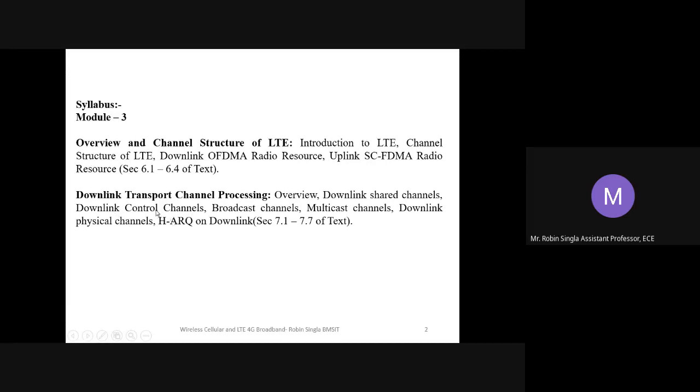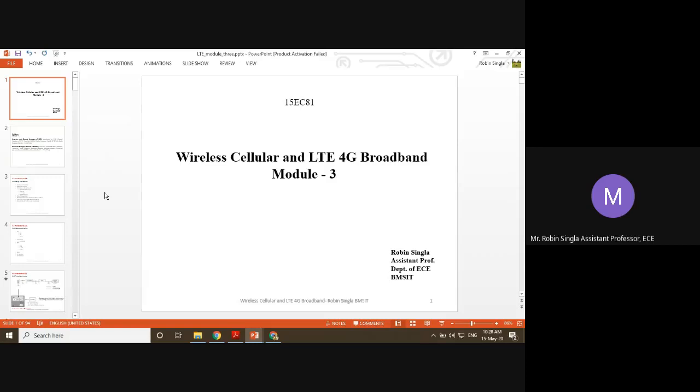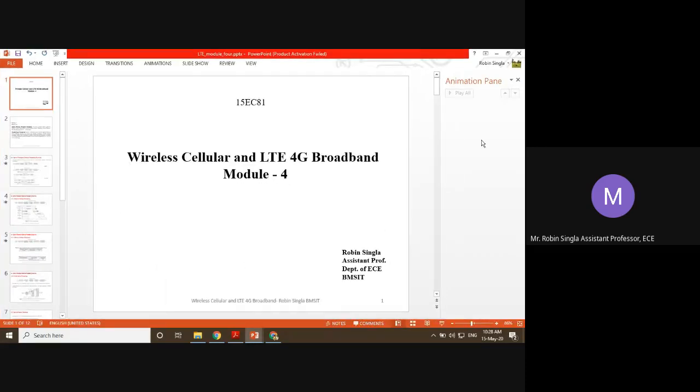These control channels include DCI, CFI, HI, and the downlink physical channel includes reference signals and synchronization signals, and HARQ on downlink. So these are your chapters number 6 and 7 for module 3. Now we move to module 4.